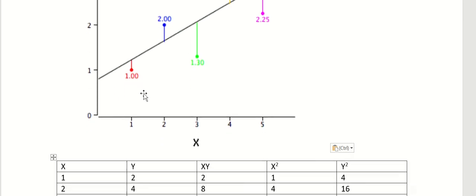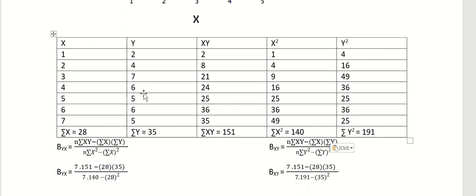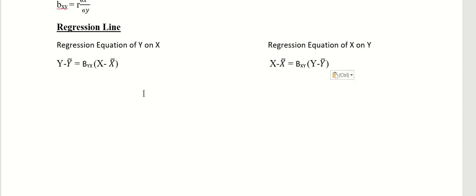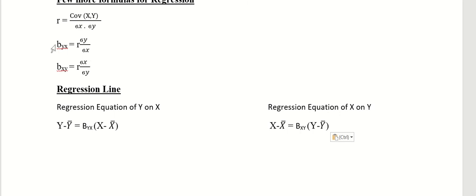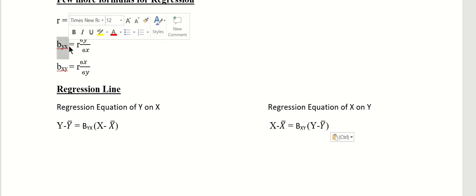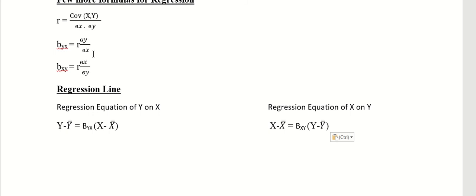So when we are calculating y on x, x is your independent variable in this formula. Whichever is your independent variable, you will write it in the denominator. In the second formula, when y is your independent variable, always remember that the independent variable will come in the denominator. Then it is very simple: like in the previous question, the formula for the regression line will remain the same.